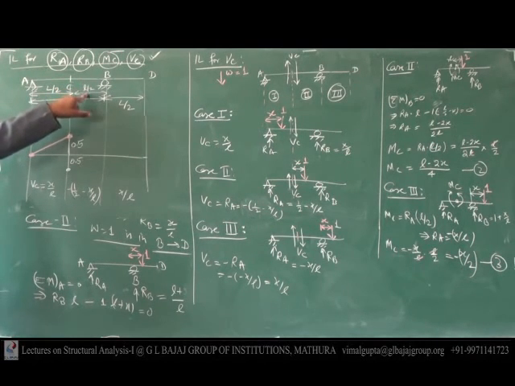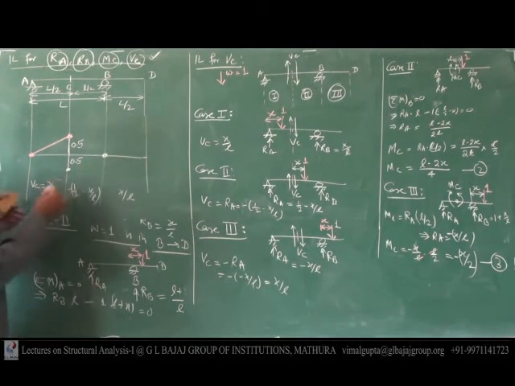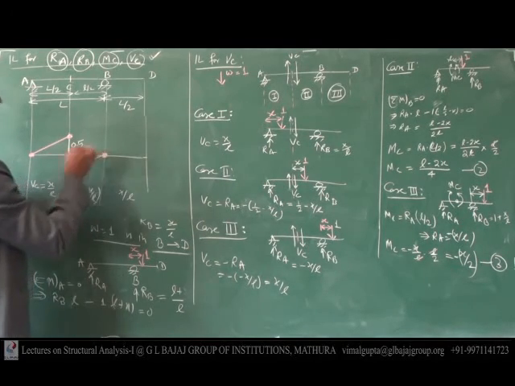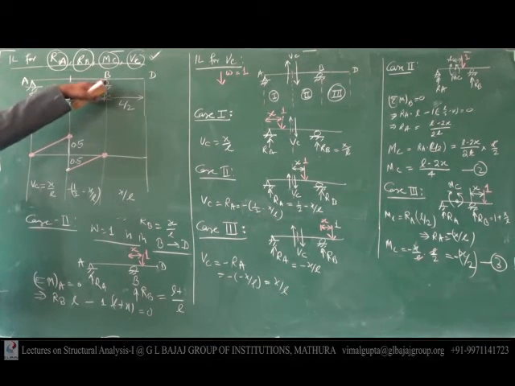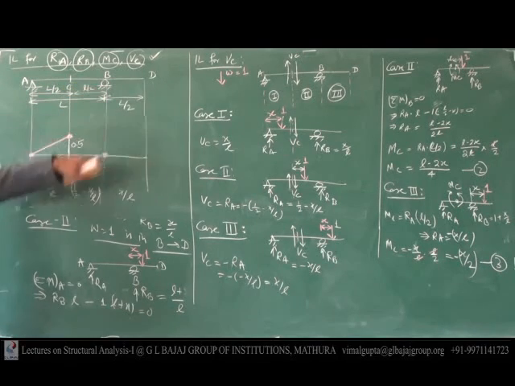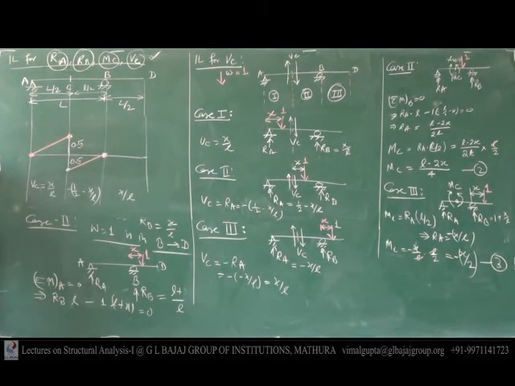So put here L by 2 divided by L, 1/2. 1/2 minus 1/2 is 0. Okay, for this segment, value at point B it is 0. So x by L means 0. You will get the same point over here.